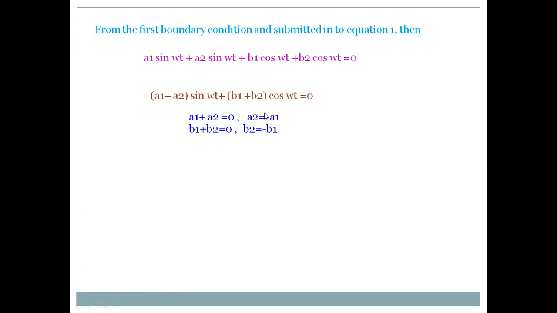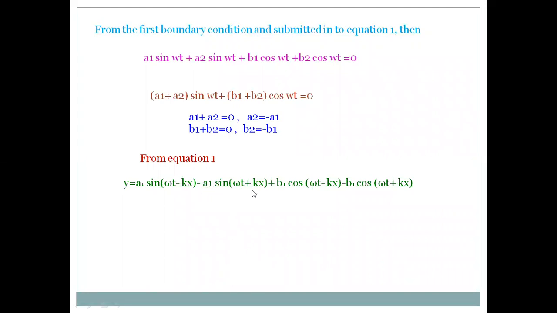From a1 plus a2 is equal to 0, a2 is equal to minus a1, and from b1 plus b2 is equal to 0, b2 is equal to minus b1. When these values of a2 and b2 are substituted into equation 1, the displacement y is equal to a1 sin(omega t minus kx), with a2 replaced by minus a1, sin(omega t plus kx), plus b1 cos(omega t minus kx), where b2 is replaced by minus b1, cos(omega t plus kx).